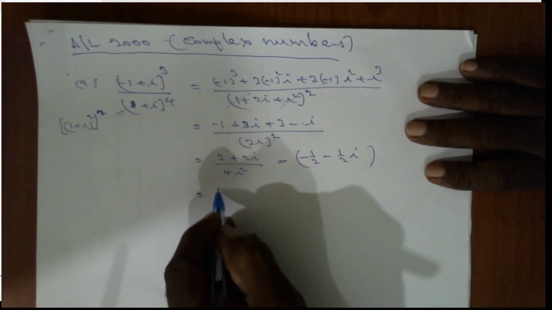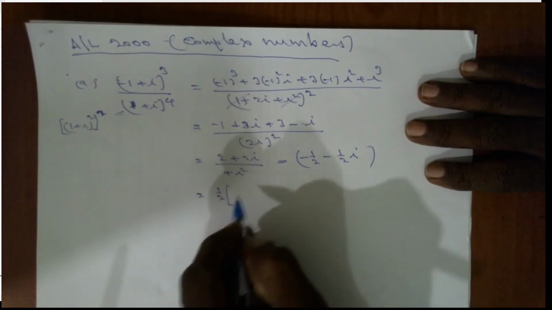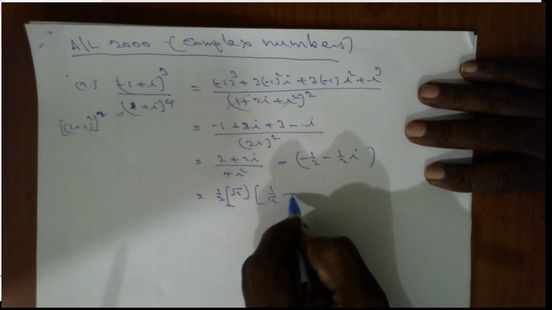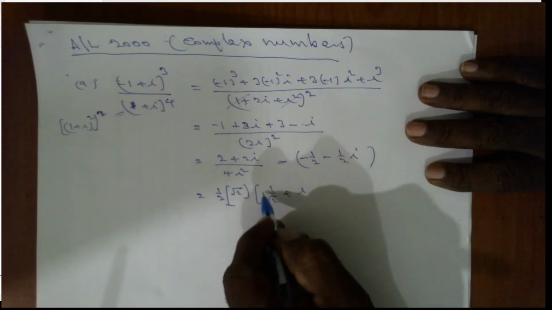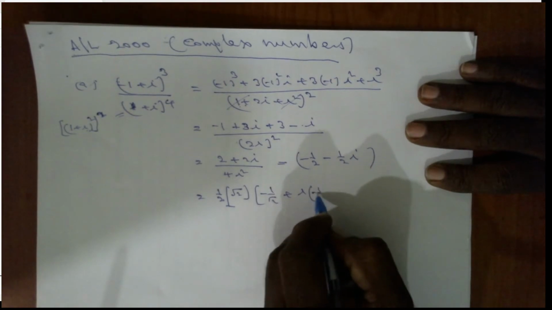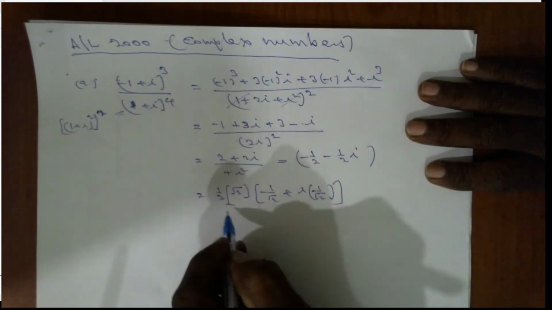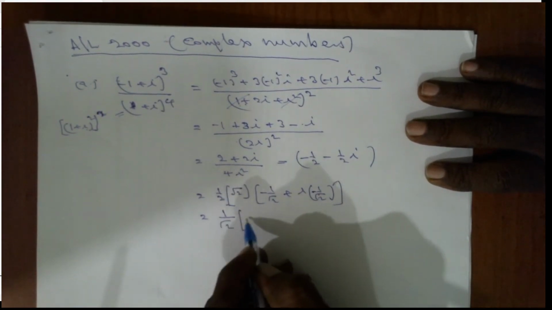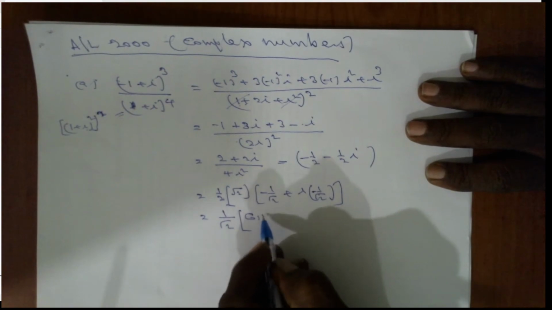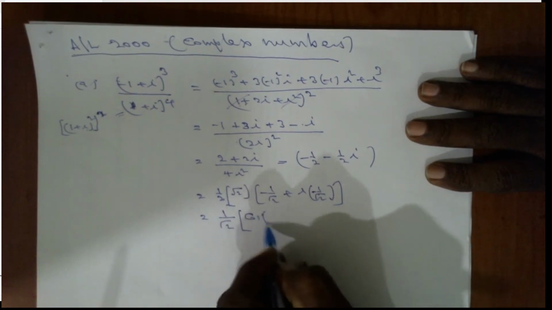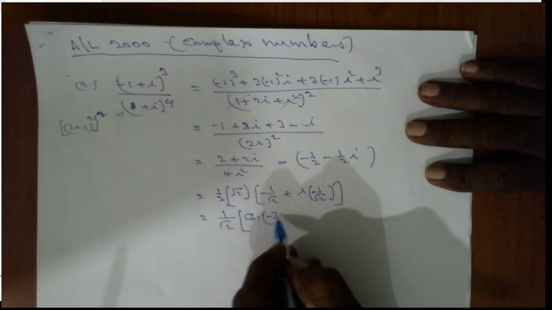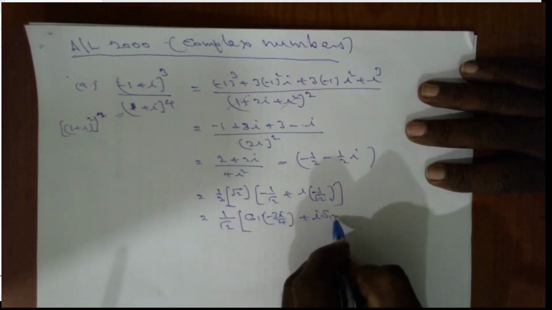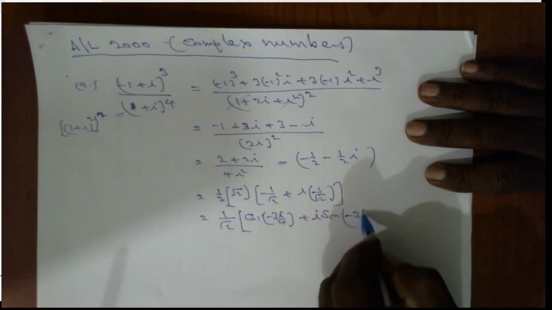Now you can take half out, and root 2 also you can take out. 1 over root 2 plus i into minus 1 over root 2. So this equals 1 over root 2 times cos(-3π/4) plus i sin(-3π/4).